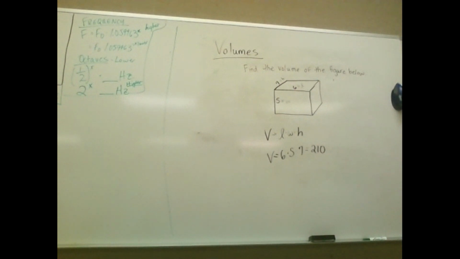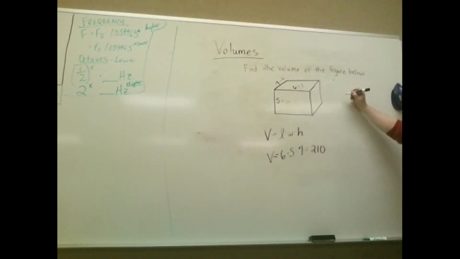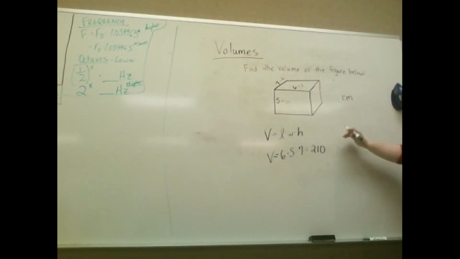For volume, your units are always cubed. I didn't put any units for this, so 210 is fine. But if this had been centimeters, then the answer would have been 210 centimeters cubed. The reason it's cubed follows the same reasoning as why area has a squared unit.